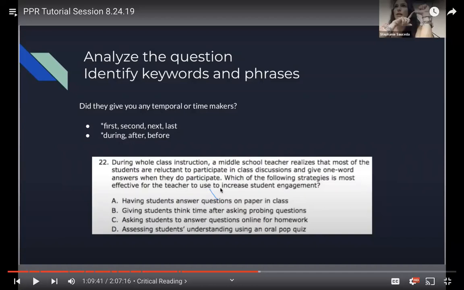Now, this could very well be a speech question, period, because I'm telling you, it's very much the same. But let's just pretend: during whole class instruction, a middle school speech teacher realizes that most of the students are reluctant to participate when they're doing class discussions. During class discussions, we want them to be able to speak, not just one word. We want them to be proficient speakers.